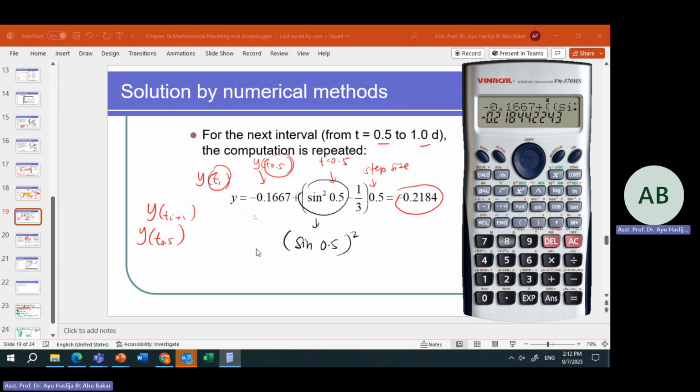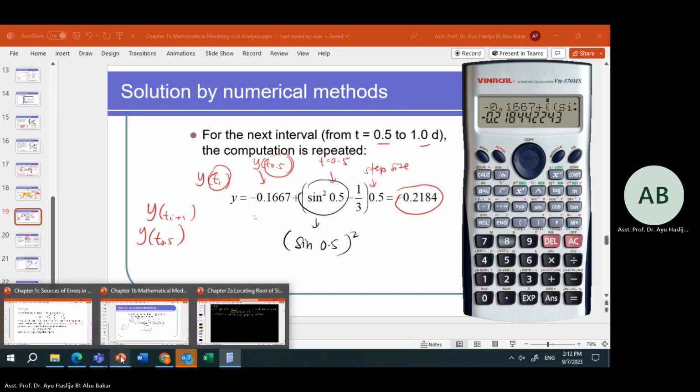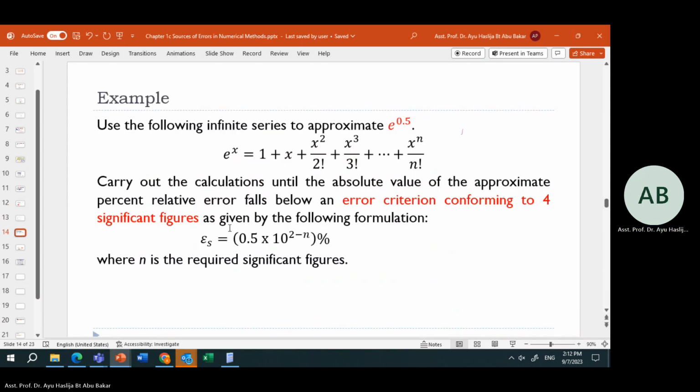Now we move to chapter 1C, sources of error. Yesterday we stopped at the example, so we start with the example.